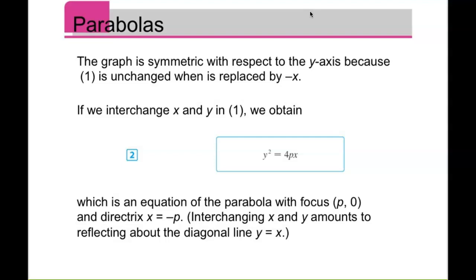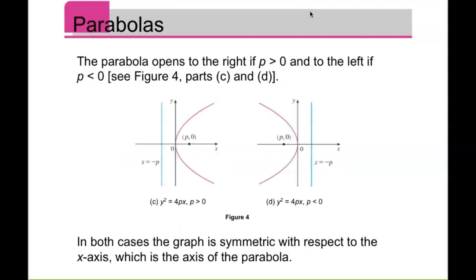All right. One important thing to write down, and I'll go back for the other one. If p is greater than 0, the parabola is going to open to the right. And if p is less than 0, it'll open to the left. But this is already the same reasoning, right? So if p is greater than 0, then a is going to be greater than 0, and you're already used to knowing that, right?